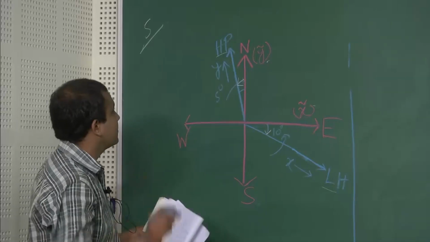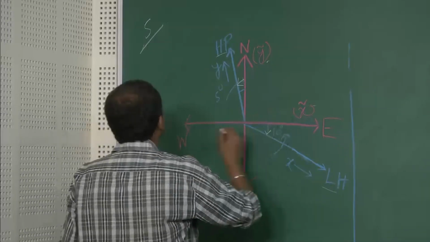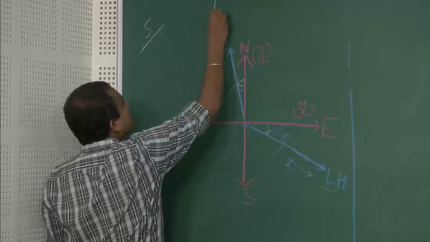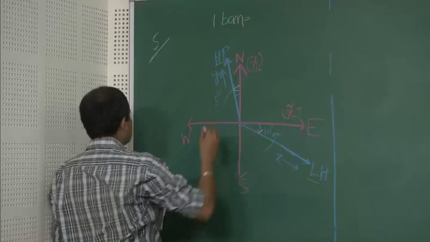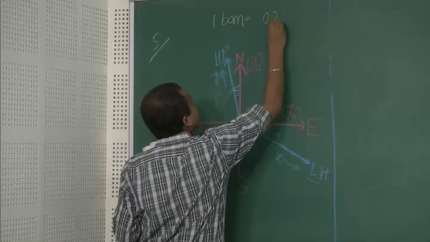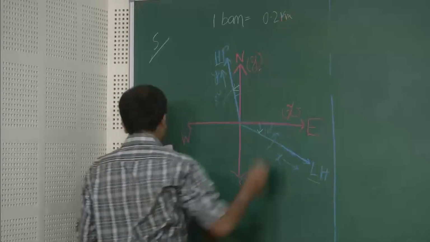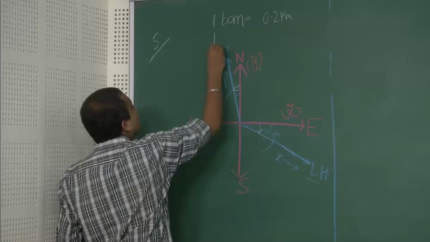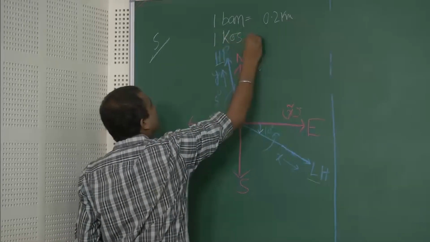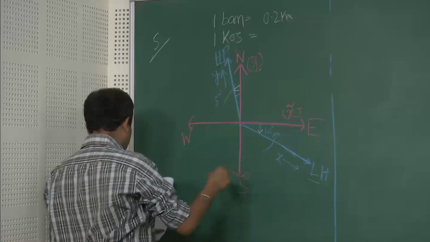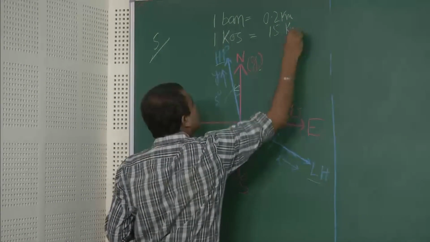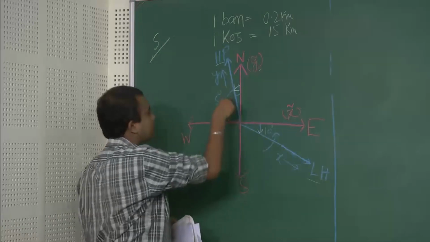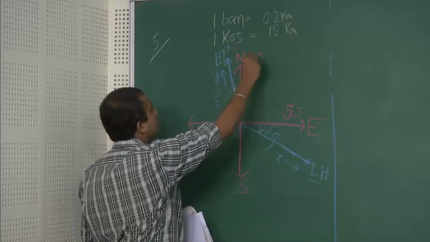There is some given data in the problem that I should have written here. One band that they use is 0.2 kilometers, and one cos, something they call cos, I will tell you how they do that. So, basically, 10 degrees, 5 degrees is not the problem.